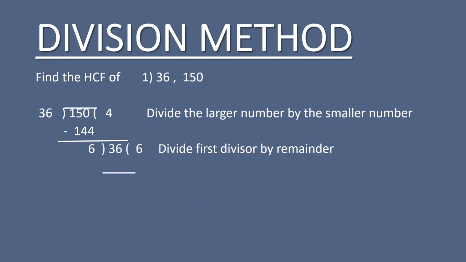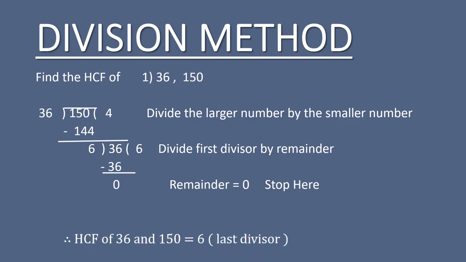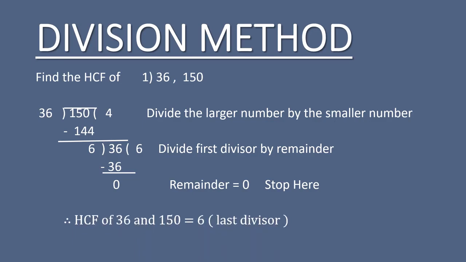We will divide the first divisor, which is 36, by the remainder. So now we will divide 36 by 6. It is 6 6s are 36. Our remainder comes 0 here, so we will stop here. The last divisor is the HCF of the given numbers. Here the last divisor is 6. So 6 is the HCF of 36 and 150.